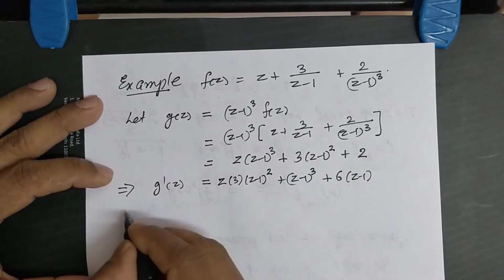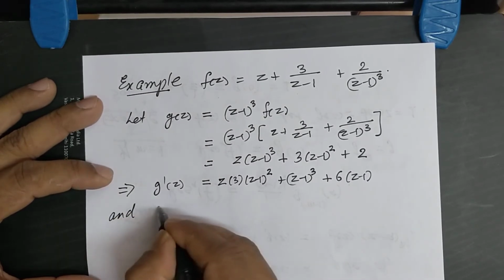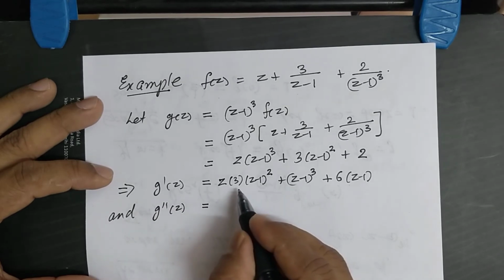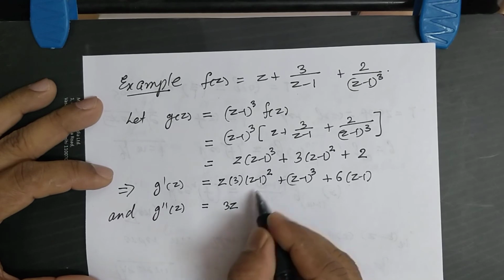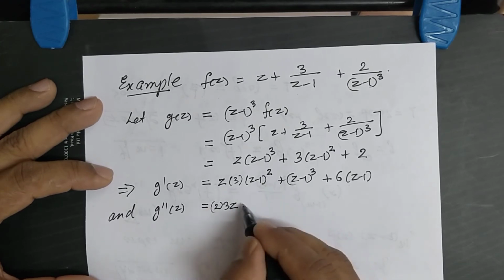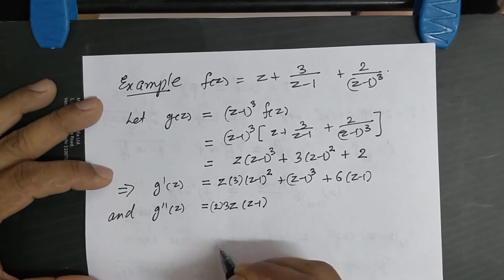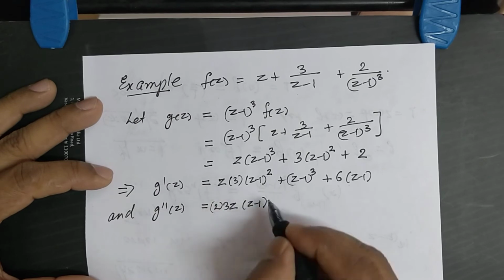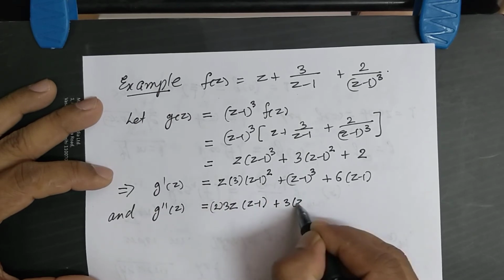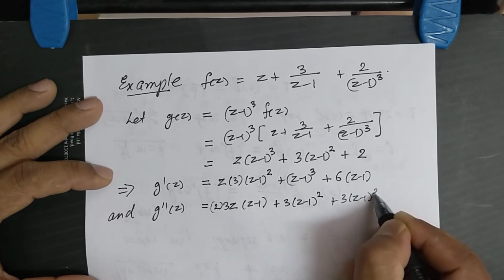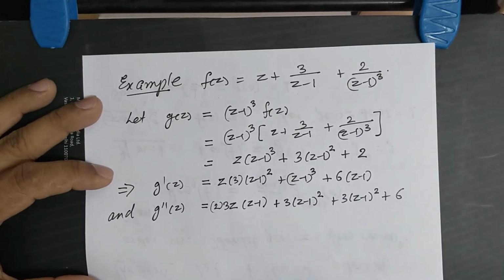And what about the second derivative? This is 3 times z into the derivative of this, which is z minus 1, and then this into the derivative of this, plus 3 times z minus 1 square, plus 3 times z minus 1 square, plus 6.